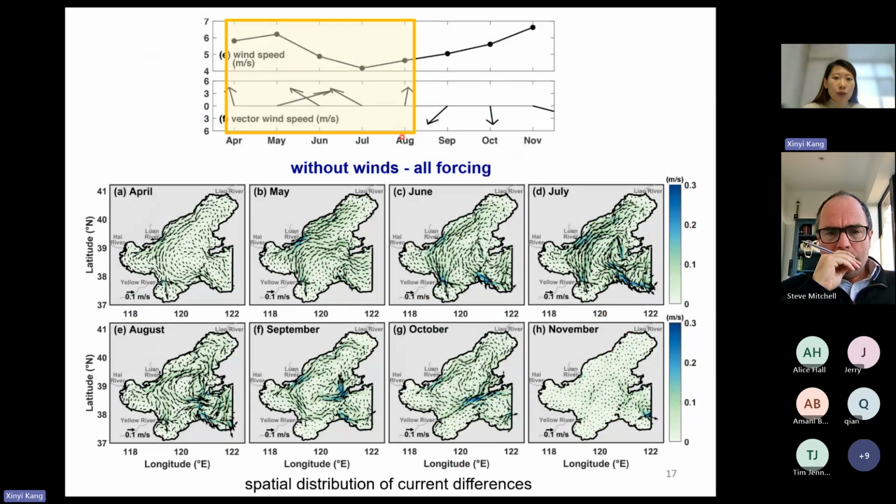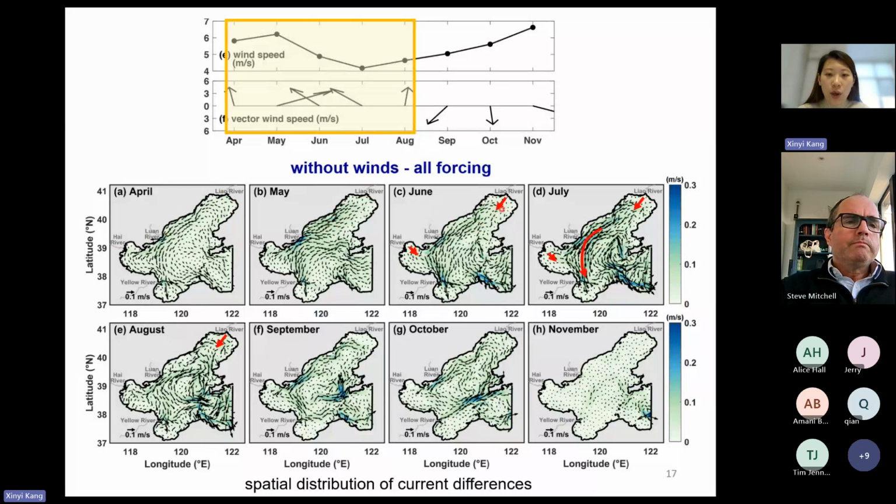From April to August, prevailing southerly winds dominate the Bohai Sea regions. The southerly winds push particles from the Liao River and Hai River into the inner bay regions of each sub-bay. Without winds, when we looked at the current differences, we could see that a northward circulation pattern occurred.